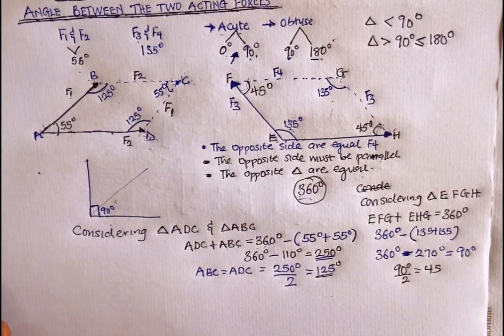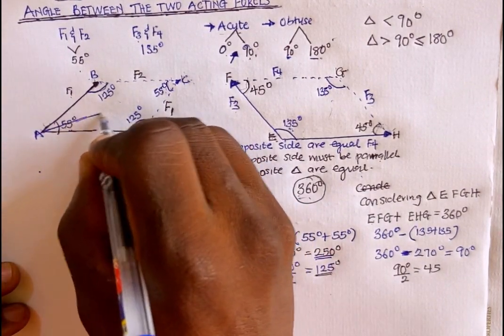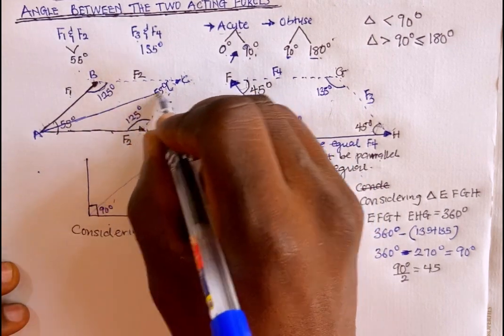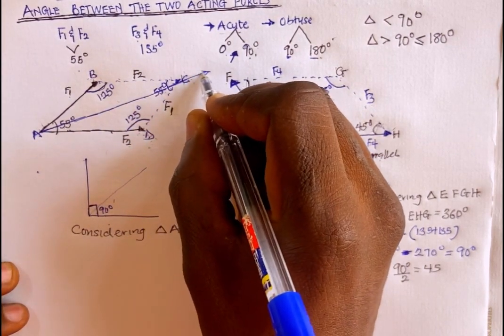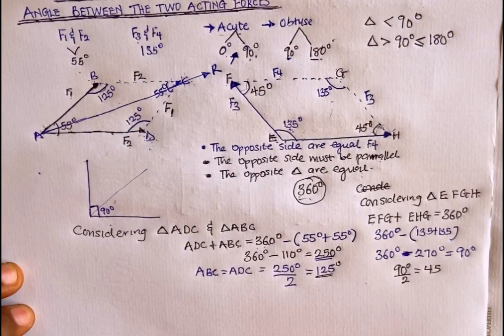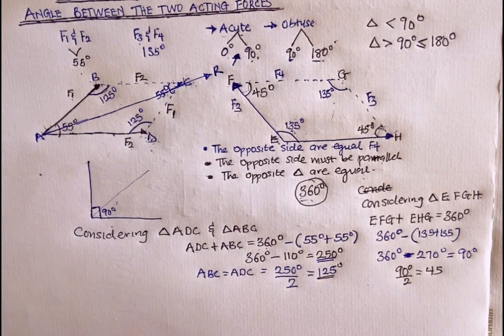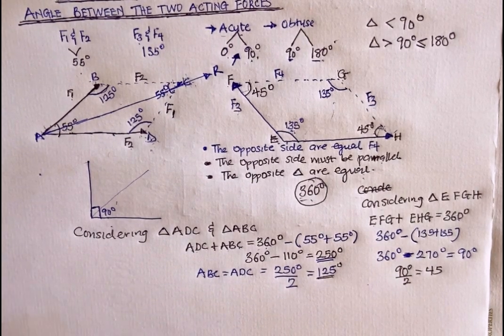What I mean by diagonal is a line drawn from angle A to angle C, something like this, and this is taken to be our resultant force. So the resultant force of force F1 and force F2 is the diagonal of the parallelogram ABCD.